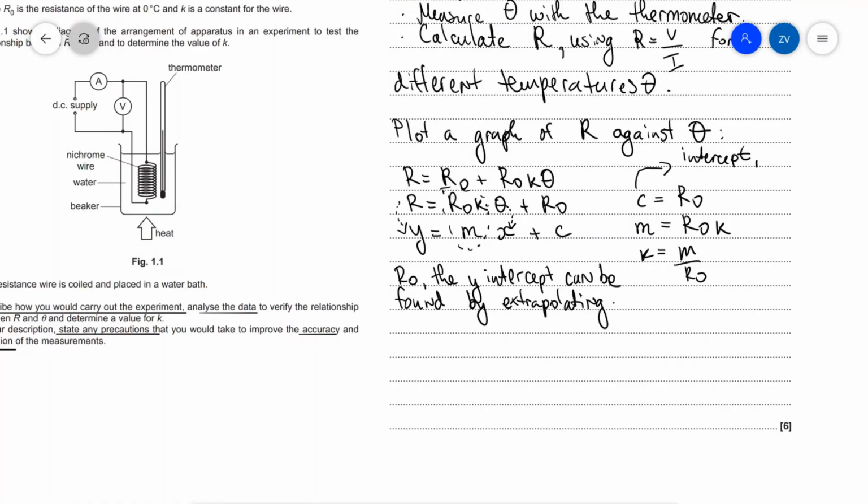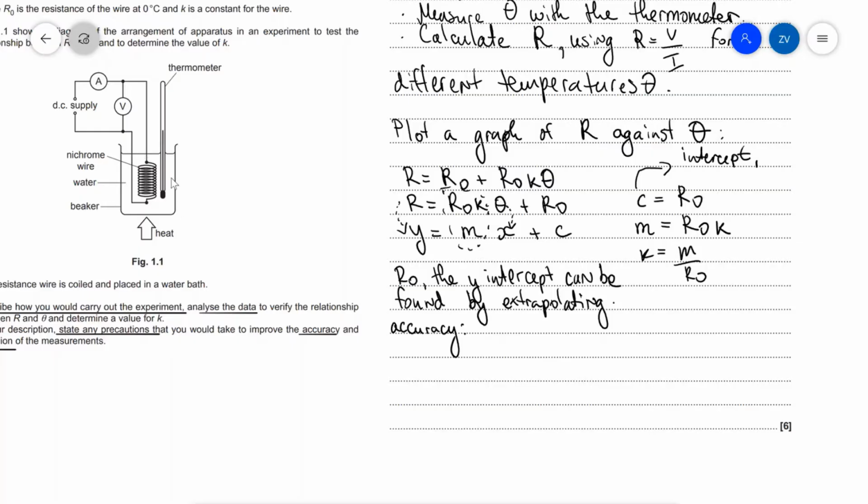Additionally, what we also need to do is comment on both the accuracy and the precision of this experiment. So let's start off with the accuracy. In general, when we are using water baths, there are 2 things that we need to do. One is to ensure that we are stirring the liquid constantly to allow for thermal equilibrium.